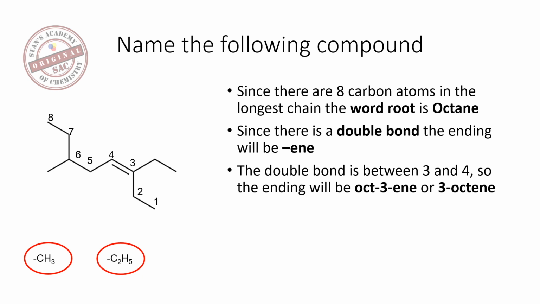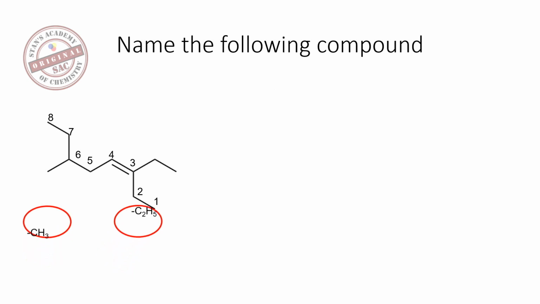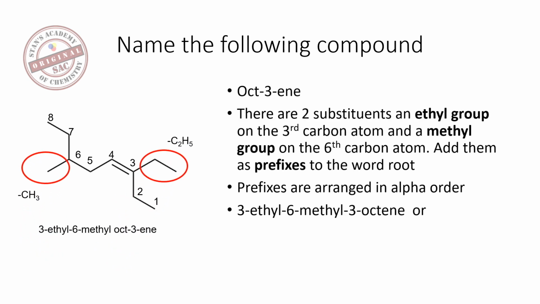And you will notice that there are 2 alkyl groups or substituents. They are the methyl group and the ethyl group. The methyl group is attached to the 6th carbon atom, and the ethyl group is attached to the 3rd carbon atom. Since they are substituents, the names of the substituents will be placed before the word root.